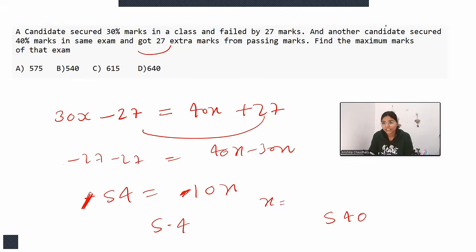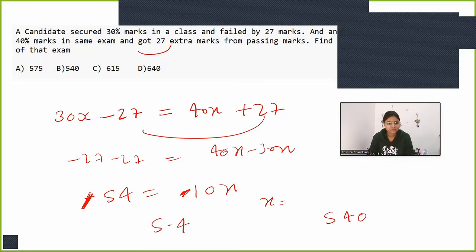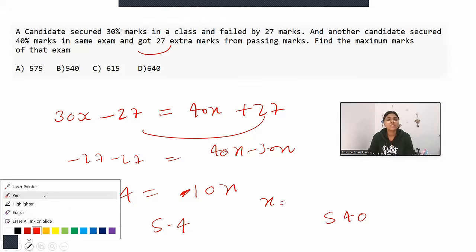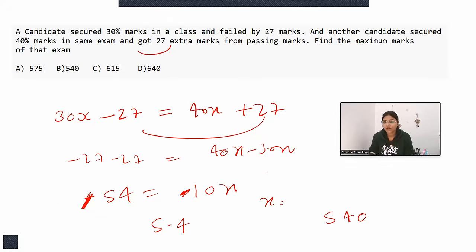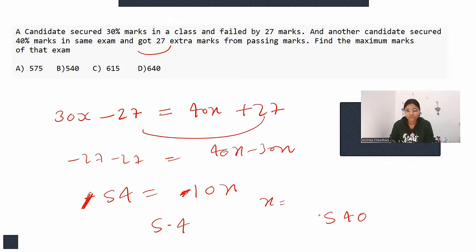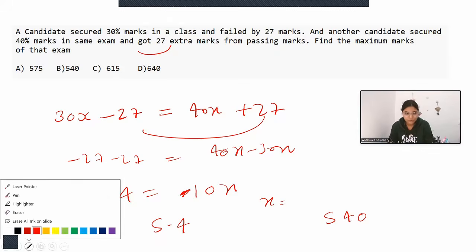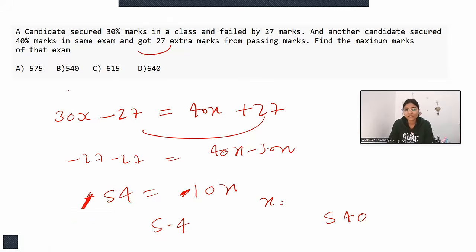So 540 was the maximum marks. Why? Because the question was saying a candidate secured 30% marks in a class and he failed by 27 marks.